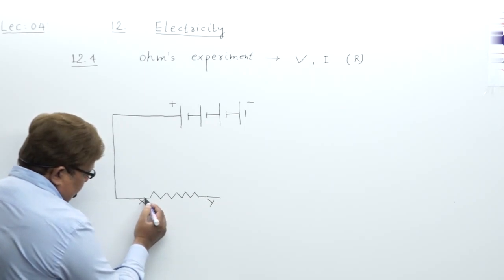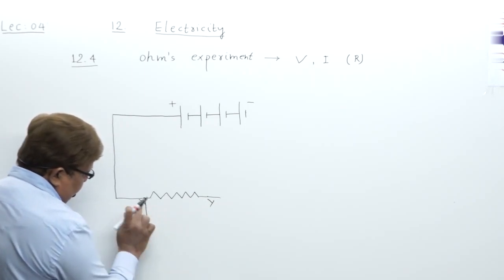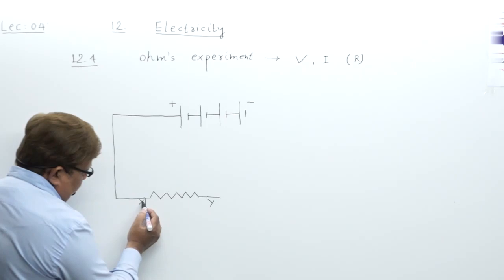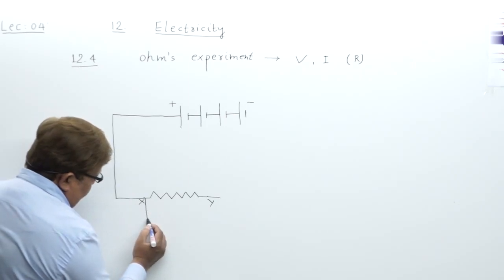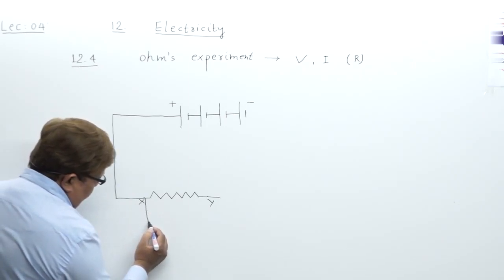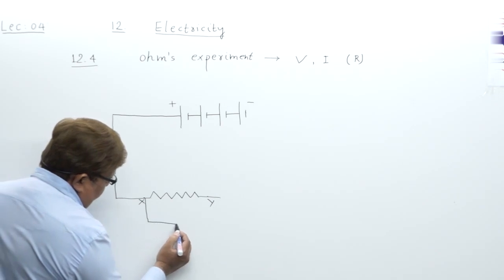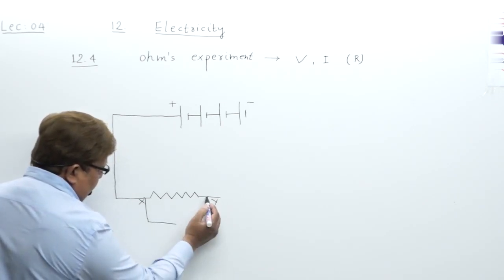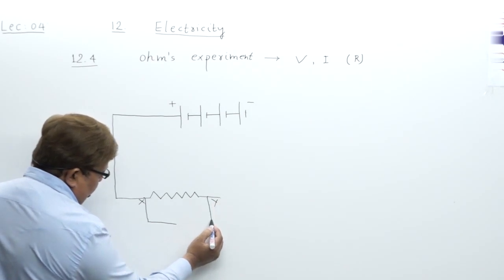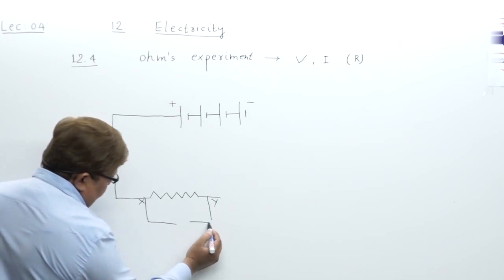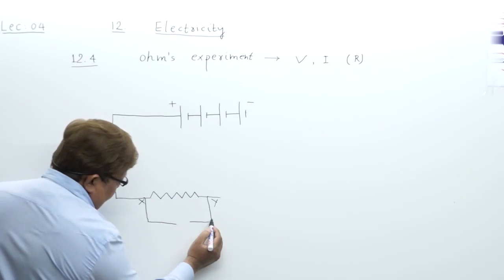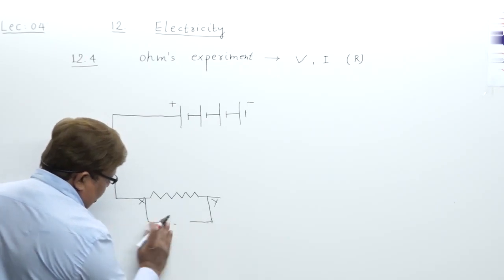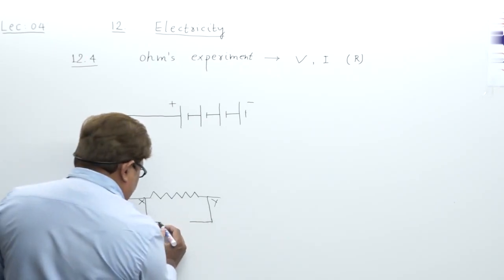If I want to measure the potential difference between two ends of the nichrome wire, I have to connect a voltmeter in parallel connection. Yesterday, if you can remember, I mentioned parallel connection means this.